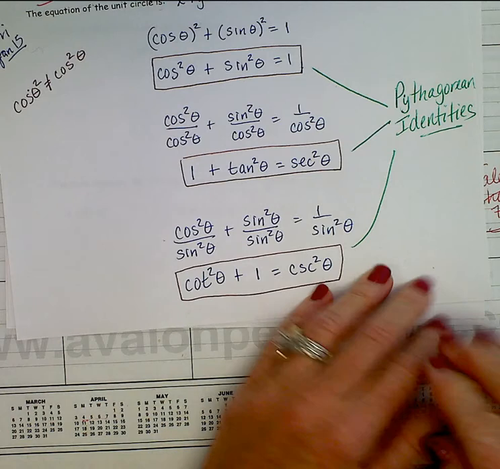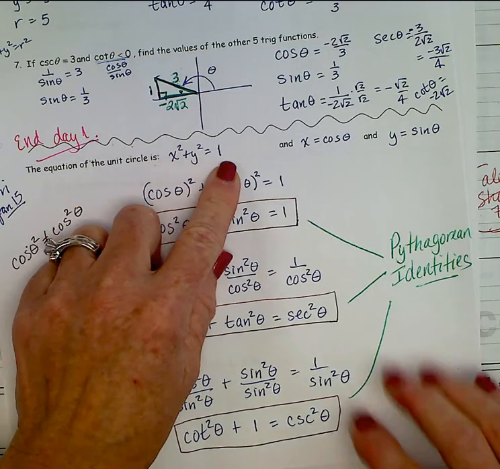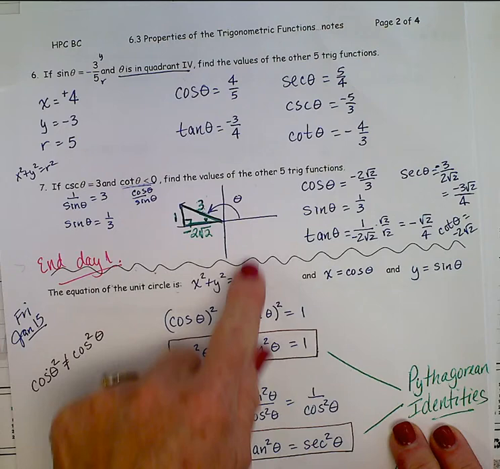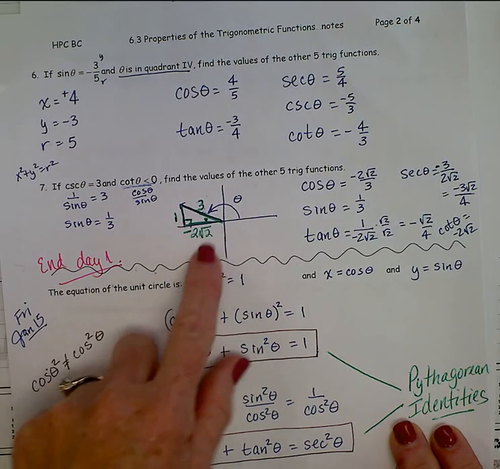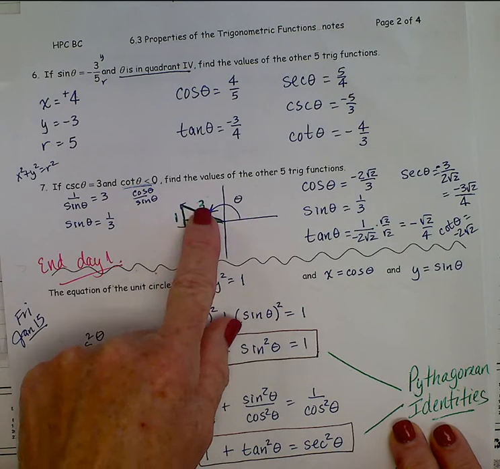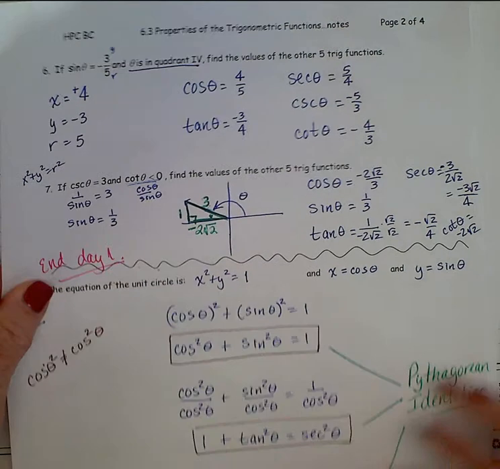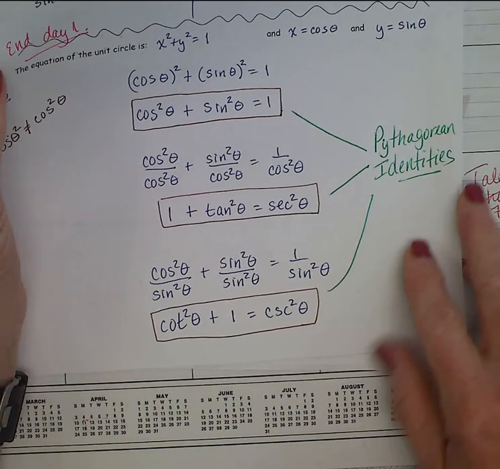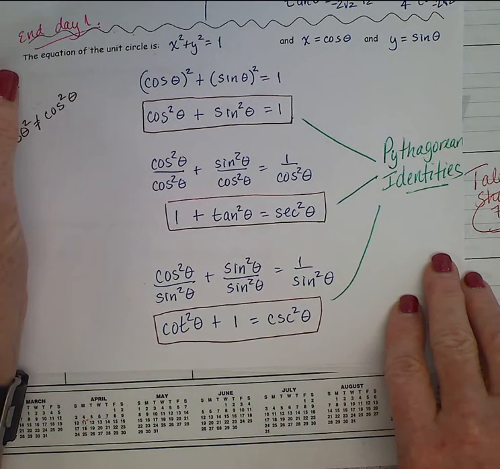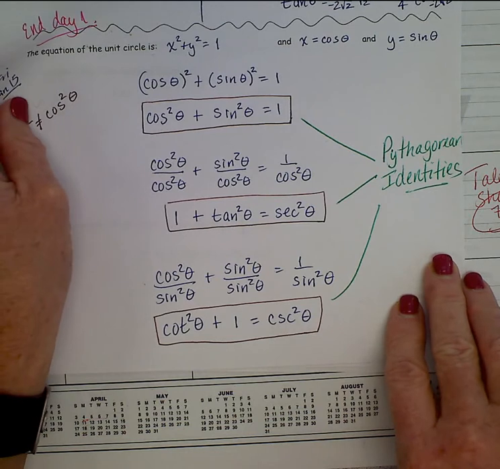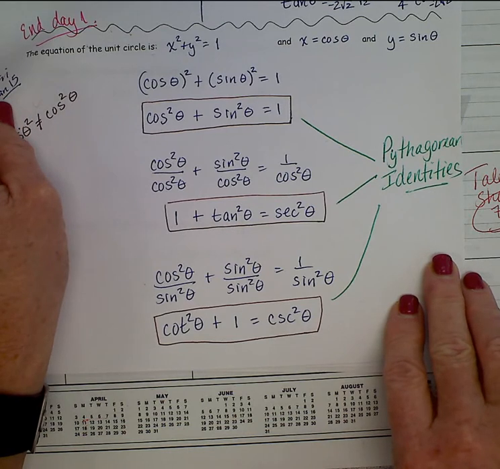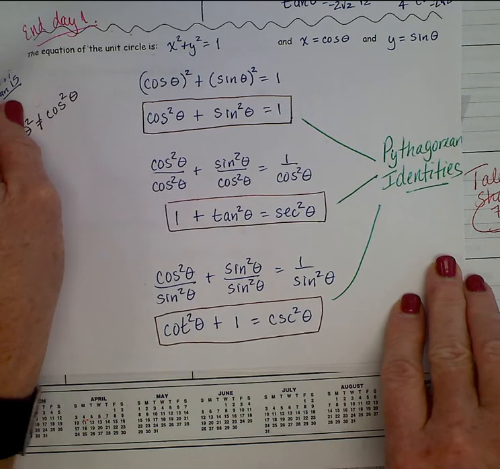They all stem from x squared plus y squared equals 1, all going back to that unit circle and that right triangle, a squared plus b squared equals c squared. Pythagorean identities. Please memorize these. Please memorize these. And one more time to make sure you got it. Please memorize these.